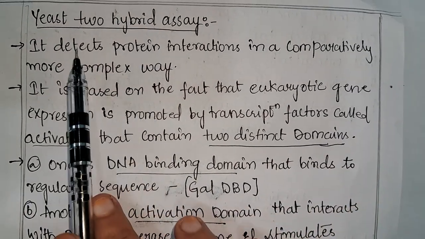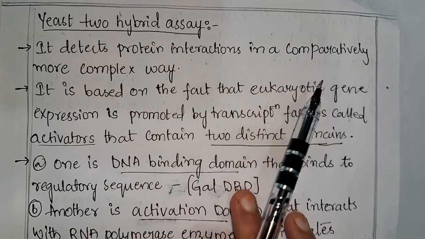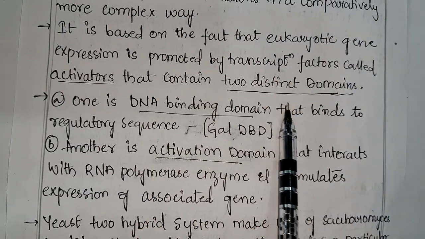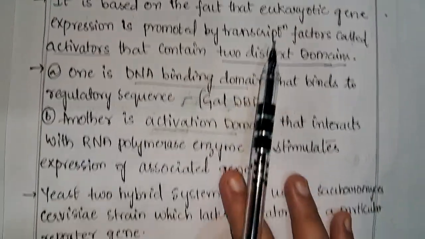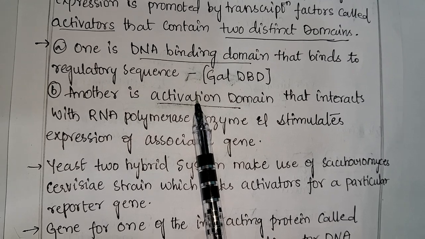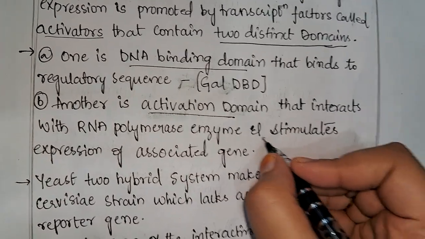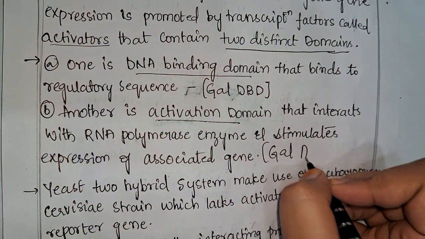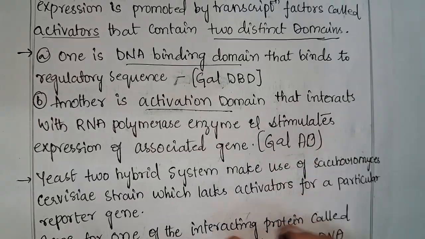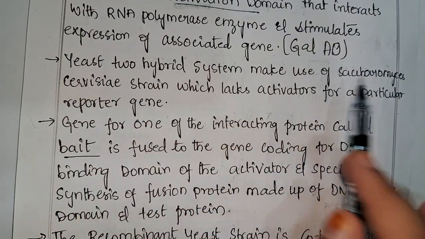Here, the first point I wrote is about protein interaction. The second point I told about the two distinct domains, and then what those are I have written here, and then I have written about the system.